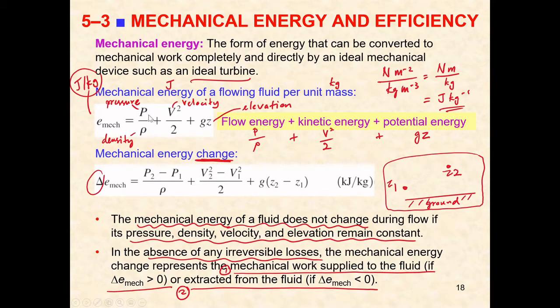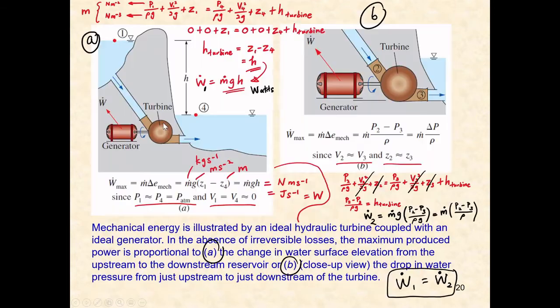So if I divide by gravity, I take the pressure P over rho g plus V square over 2g plus Z. End up I get P over rho g plus V square over 2g plus Z. Because I already divided that equation by gravity, I can compare both sides. If you notice, each of these terms has a unit of meters, so it's basically the head: the pressure head, the velocity head, and the elevation or potential head.